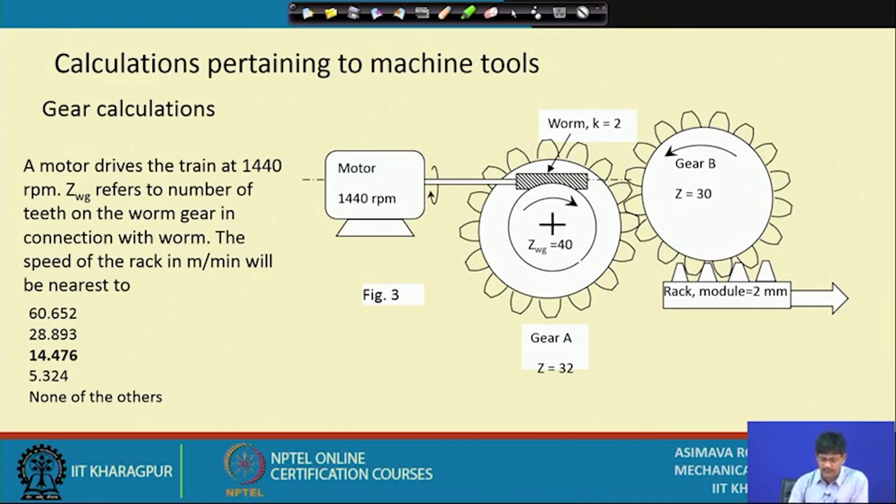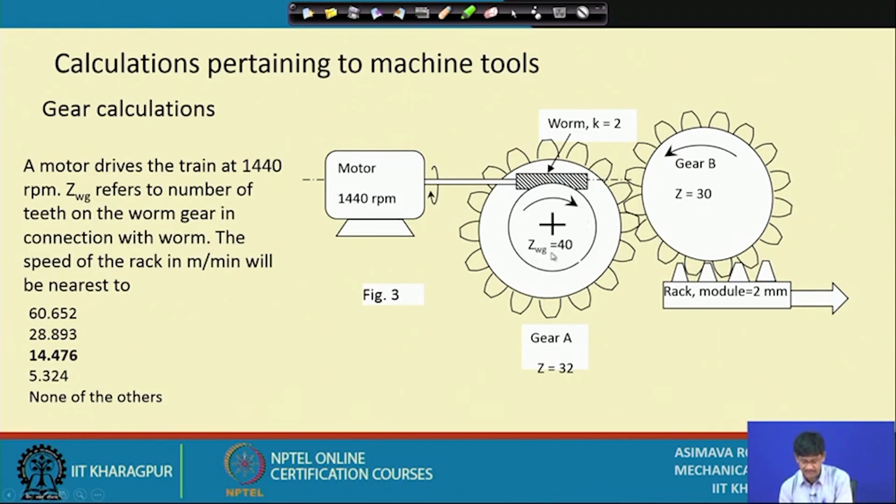The motor rotates at 1440 RPM. ZWG refers to the number of teeth on the worm gear in connection with the worm. That is understood. The speed of the rack in meters per minute will be nearest to. So, what do we have here? The motor connected to the worm, number of starts is equal to 2. This is the worm gear, its teeth have not been shown.